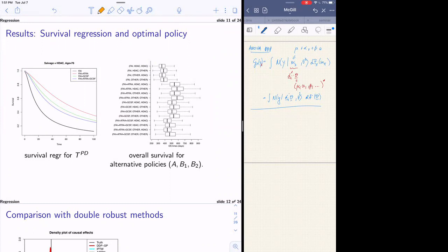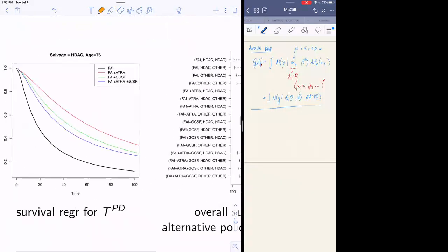So here you see a survival regression for these four different combinations. I think these are 4 choices for entire treatment policies. So this includes the choice of the initial frontline therapy, as well as the choice for the salvage therapies later.